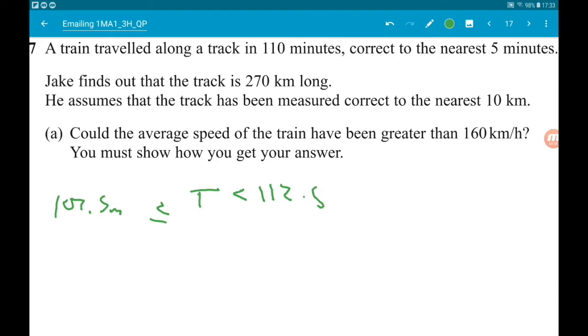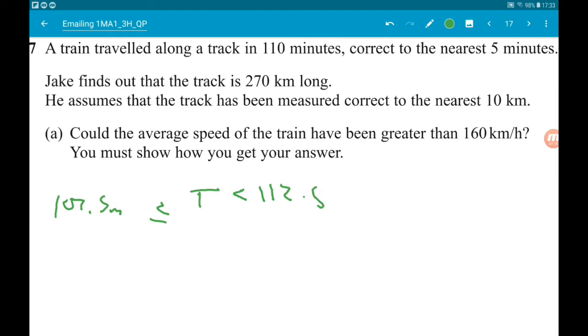We're told Jake finds out that the track is 270 kilometers long. He assumes that the length of the track has been measured correct to the nearest 10 kilometers.